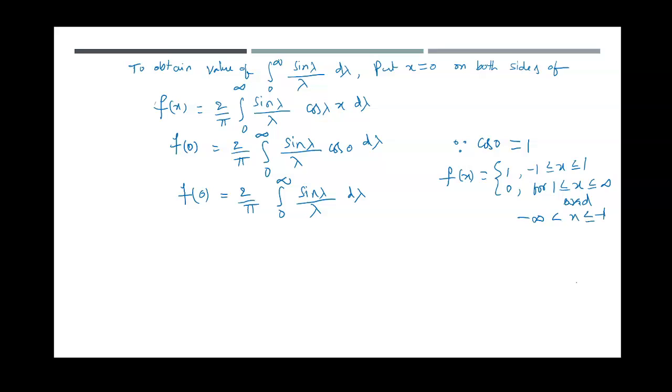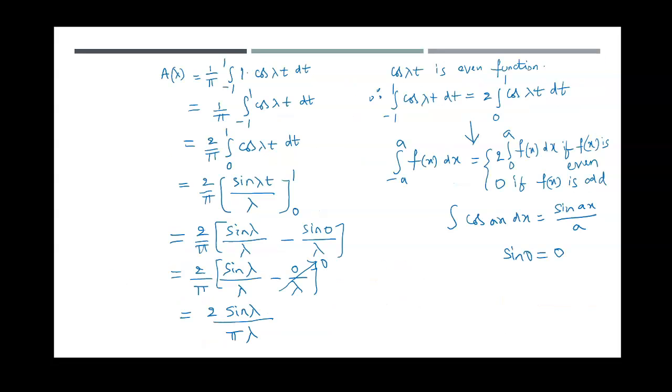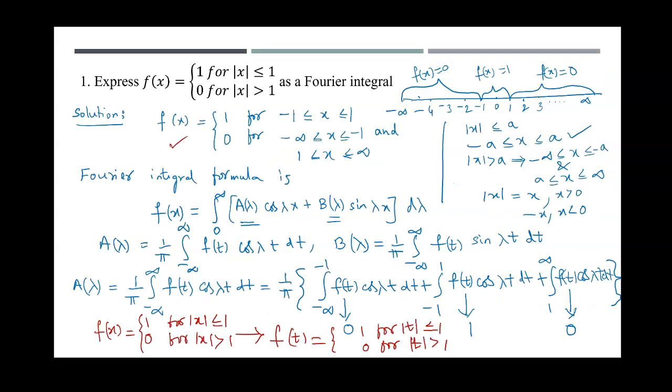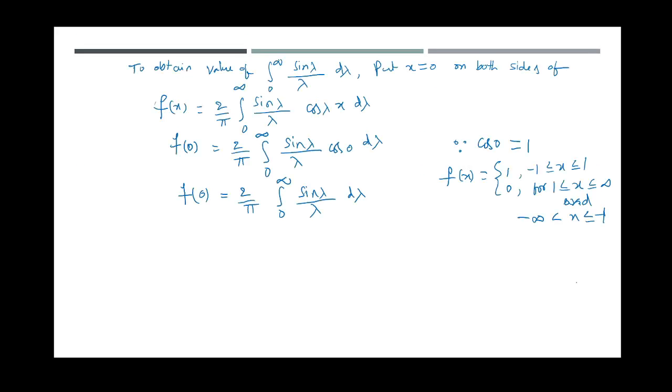So in these intervals the value of f of x is 0, and in this interval the value of f of x is 1. If you see the number line we have drawn, 0 lies between minus 1 and 1. So the value of f of 0 is 1. So we can write f of 0 equals 1.